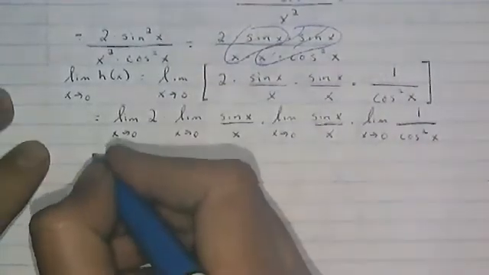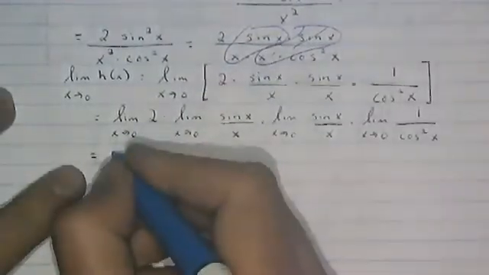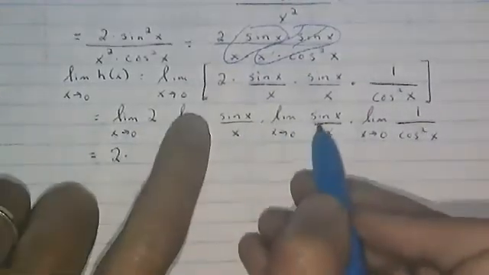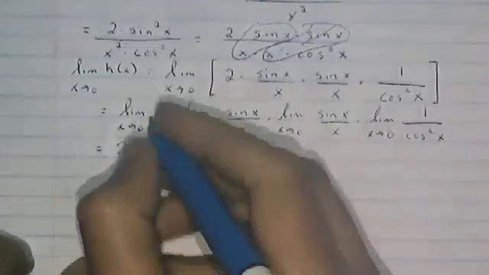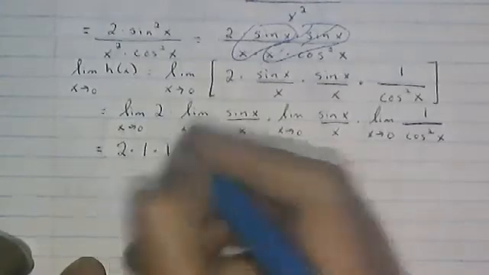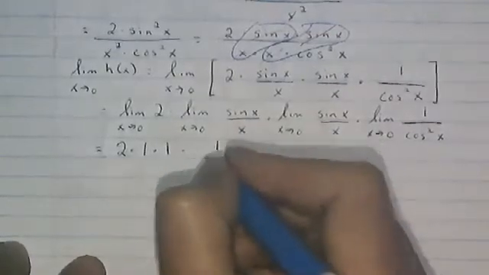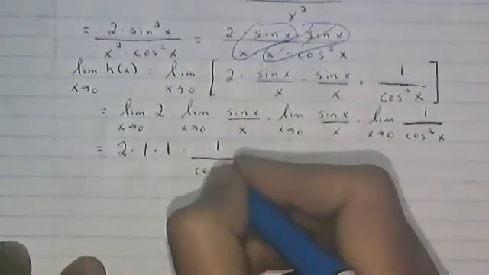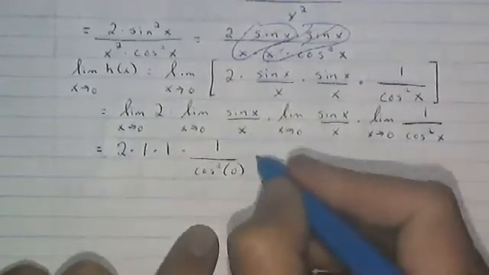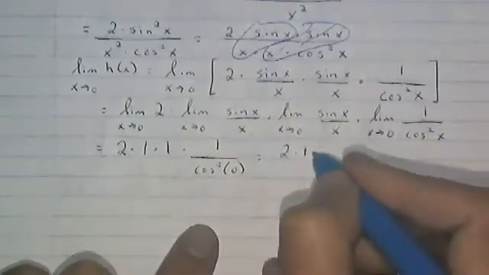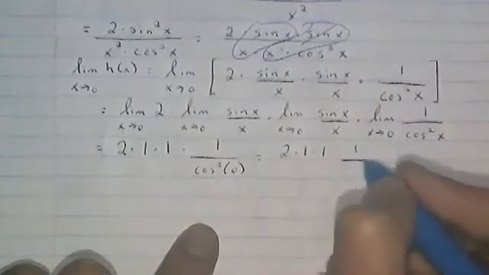So here, the limit of a constant is that constant, 2. I've got my theorem twice, times 1, plugging into 1 over the cosine squared. We just said this is 1. So this is 2 times 1 times 1 times 1 over 1.